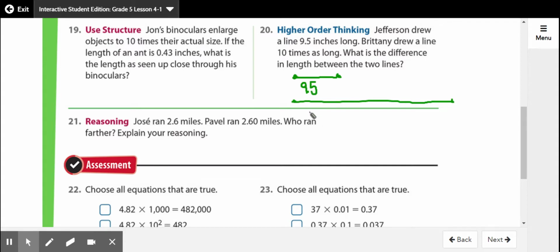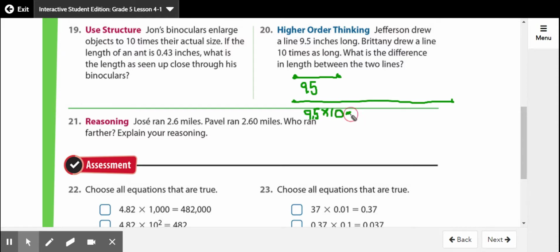So her line, and let's call this a number sentence, is 10 times as long as Jefferson's. So Jefferson's was 9.5, and hers is 10 times as long. So I kind of already know I'm going to times his by 10, and that's how long Brittany's is.